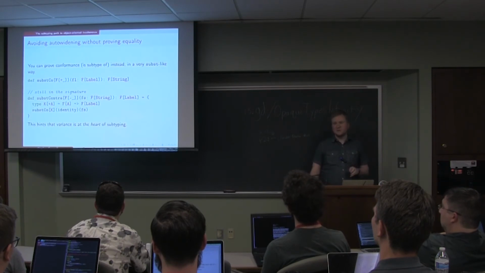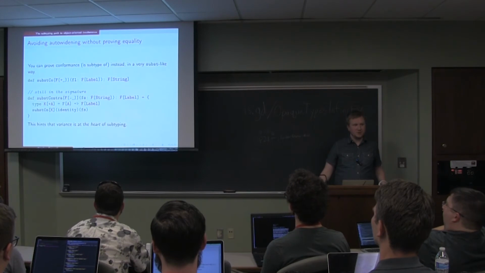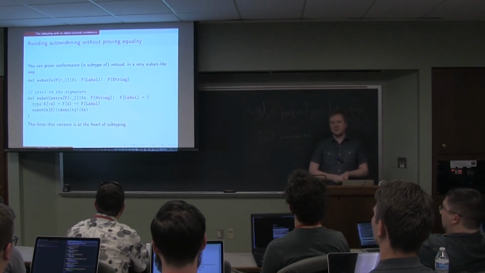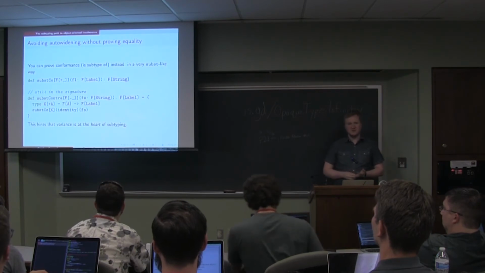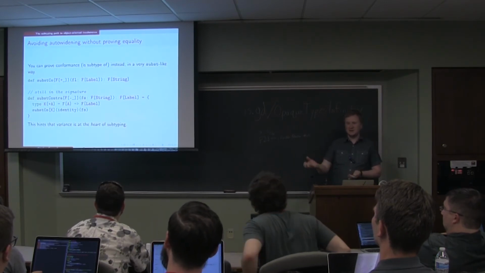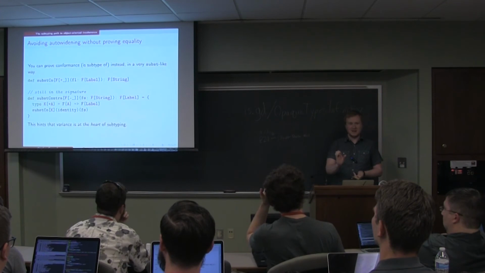We don't want to go back to proving equality, because that might be too powerful for our use case. But we can prove conformance in a very similar indirect way. So just like subst proves equality without taking us all the way back to transparency, this subst_co proves conformance without taking us back to a conformance relation that is seen by the Scala compiler.